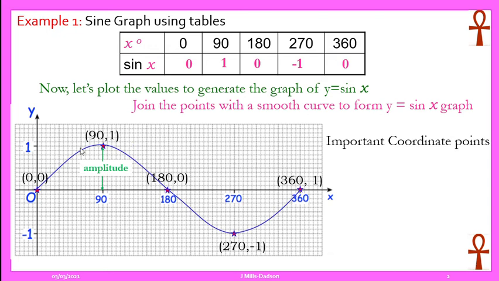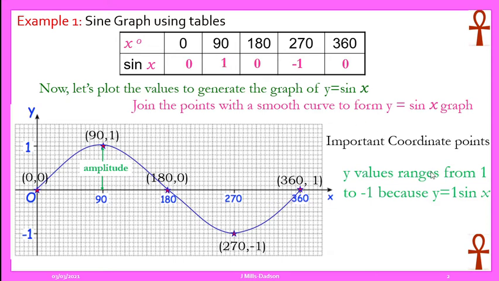Also, we call something the amplitude. The amplitude is the height of the wave, and it's 1 in this particular case. The values of y, as you can see, range from 1 to -1. The highest number is 1. The lowest number is -1.